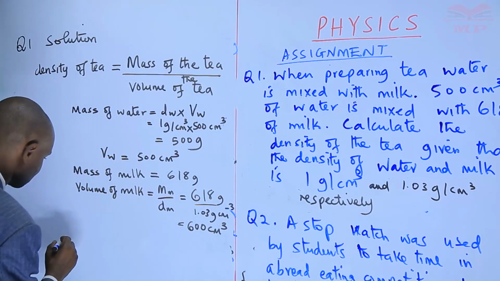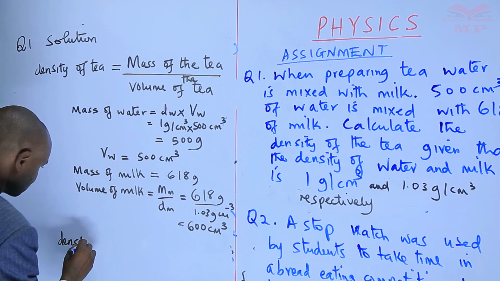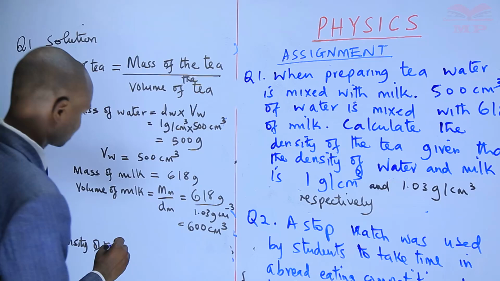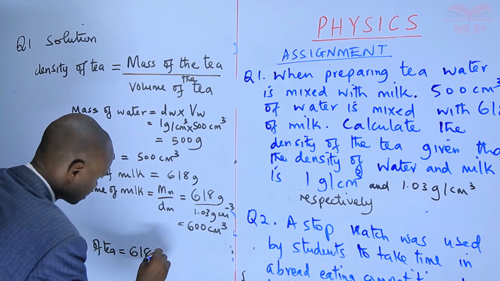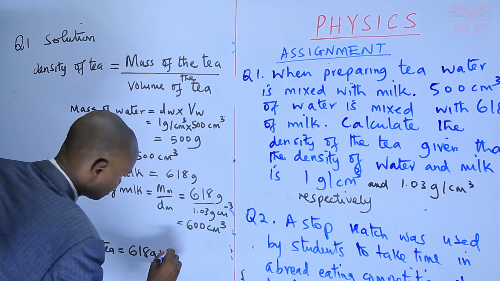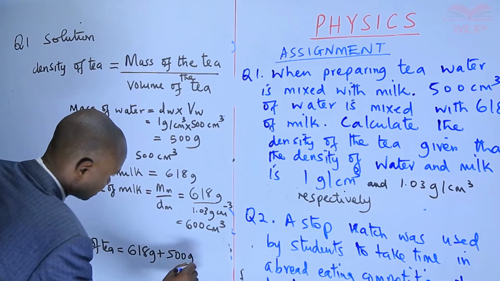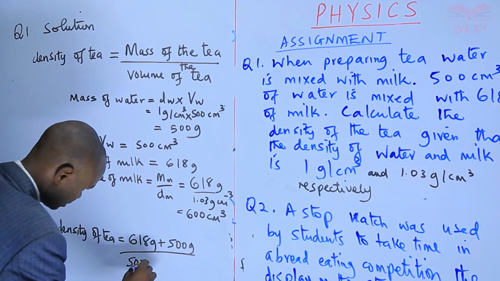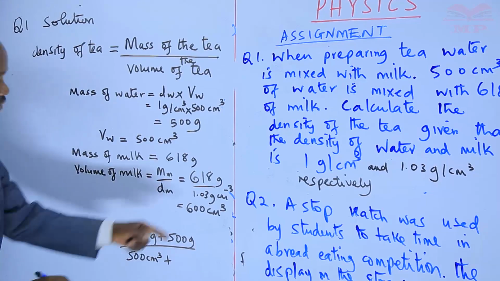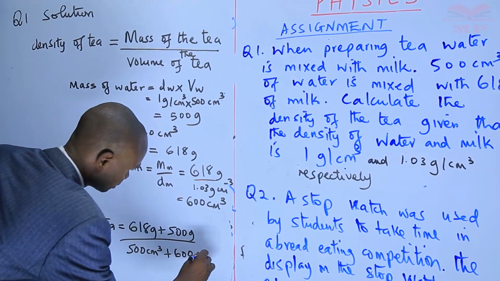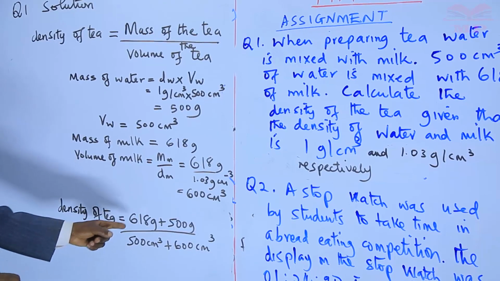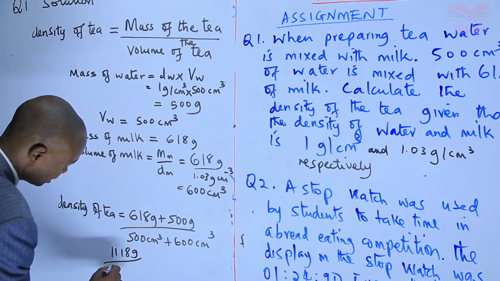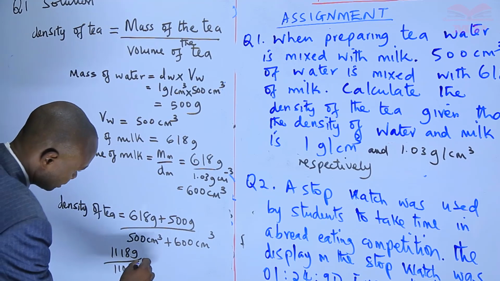So when we come to get the density of the tea, we are getting the density of the total mixture. So the density of tea will be given by 618 grams plus 500 grams, divided by the volume of water plus the volume of milk. We shall end up having 1118 divided by 1100 centimeters cubed.